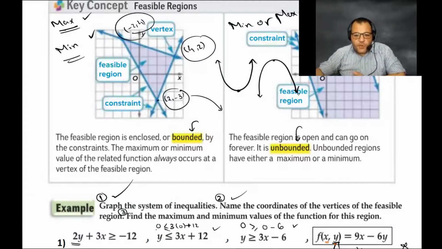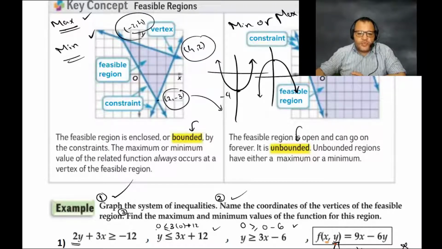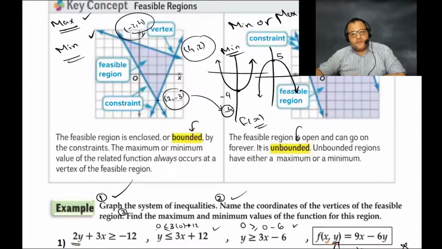By the way, suppose this point on the right intersects at the point -4, and this one intersects at the point 5. What is the value of the minimum point here? -4. You just look at y. What is the meaning of y? It is f of x, the value of the function.